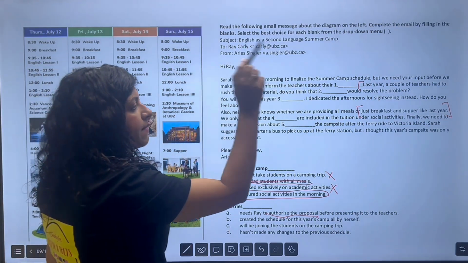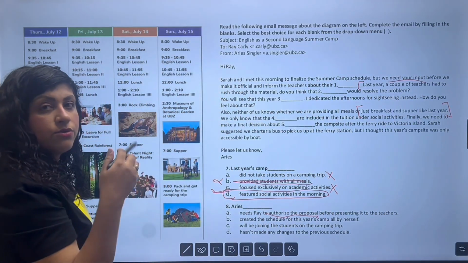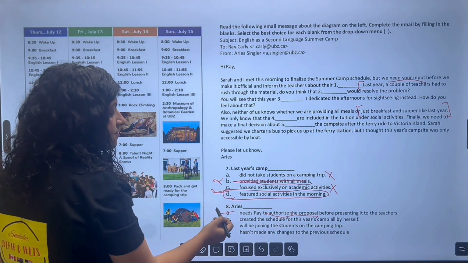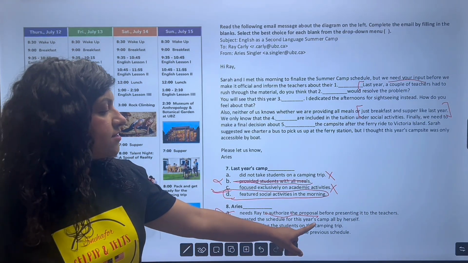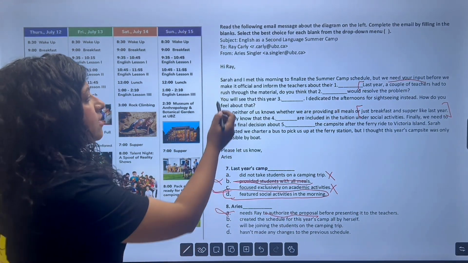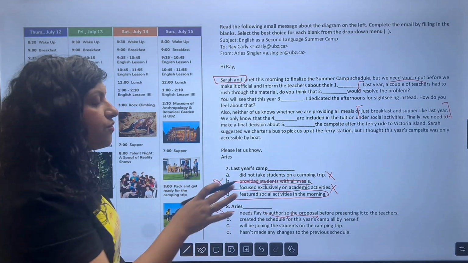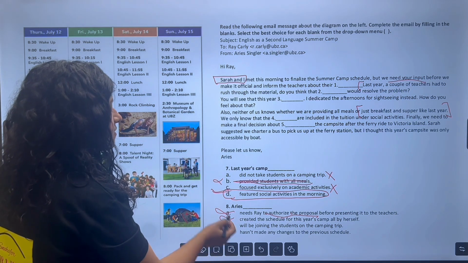Aries clearly mentioned that we need your input. She did not say that you need to authorize, right? So that cannot be my answer. Aries created the schedule for this year's camp all by herself? No. She clearly said Sarah and I. So that means she did not do it all by herself. Sarah was also there. Cannot be my answer.